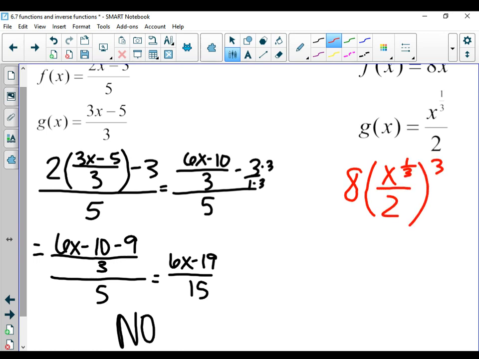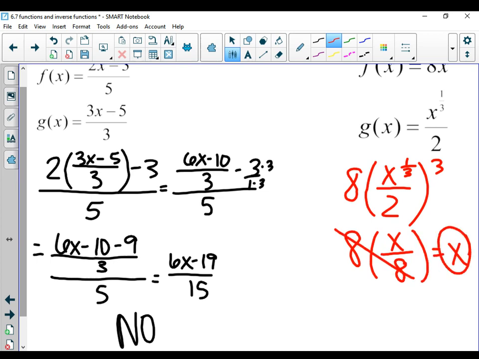Remember my exponent properties: when I have a fraction raised to an exponent, that exponent goes to both pieces. And if I have an exponent raised to an exponent, we multiply. So this becomes 8 times x over 2 cubed, which is 8. So far, so good. I have an x.